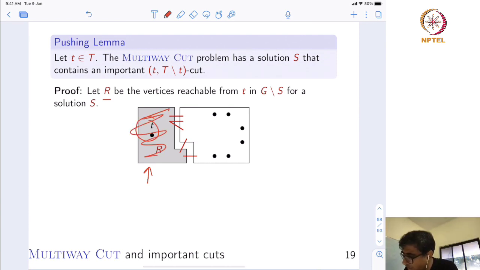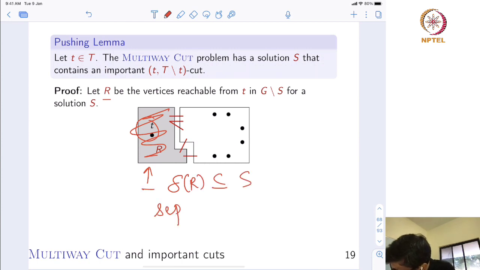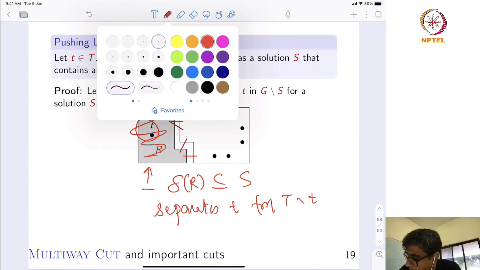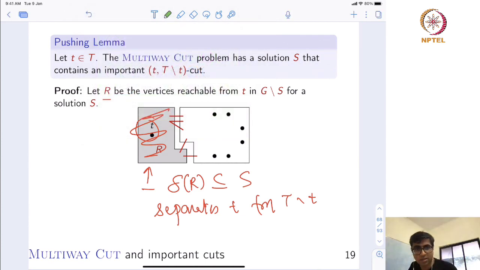So these are the vertices which I can reach. So this is my first R. So notice that delta R, which is a subset of S, separates T from T minus T. Okay, this we know. There are two cases.